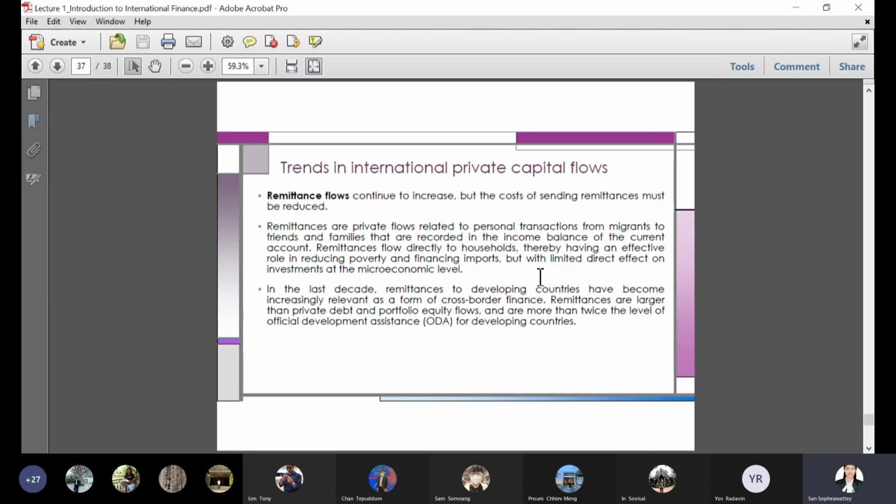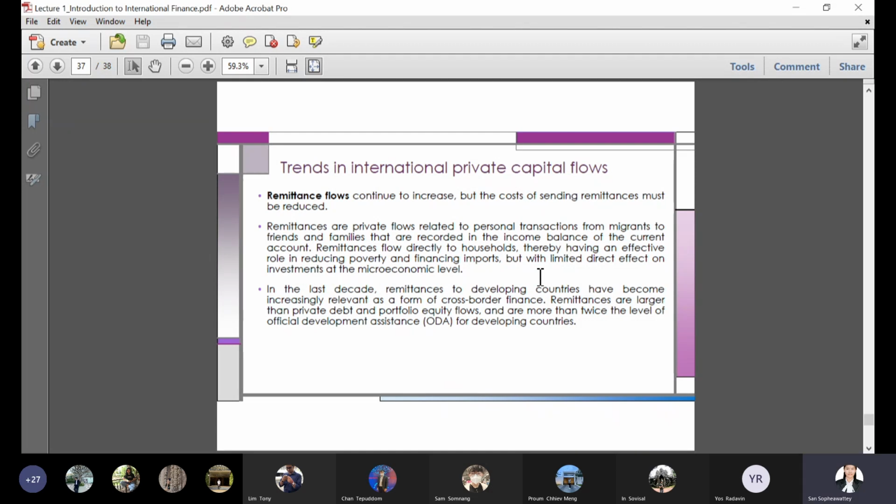For a country that has a lot of migrants in other countries, you see a huge item in the current account balance in remittance. But in developed countries, you see the remittance is really minimal. So that's the difference between remittance in developed and developing countries.